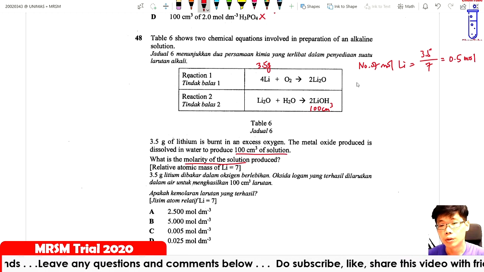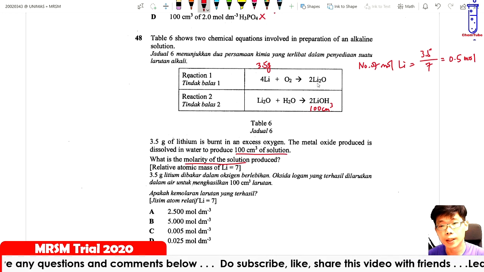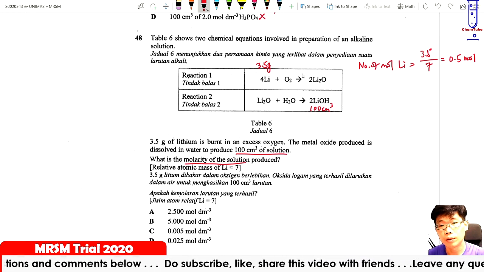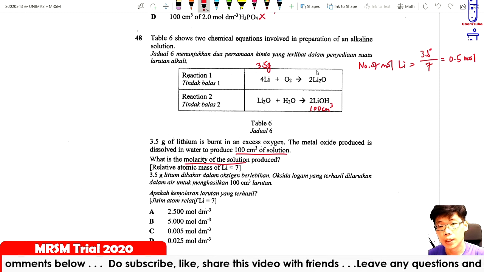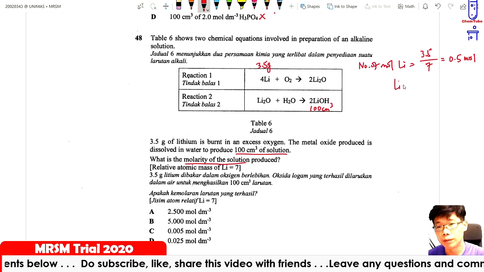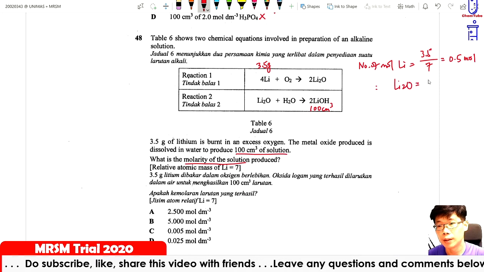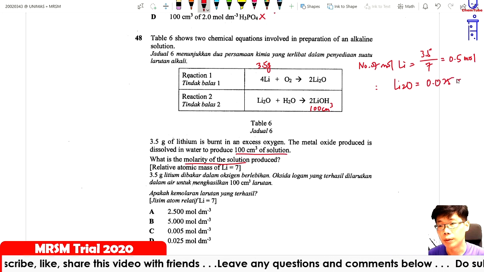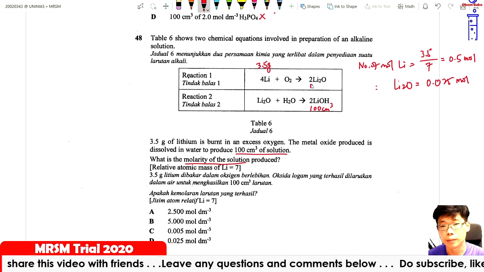Now we compare with lithium oxide. The ratio is 4 to 2, meaning half, so the mole for the lithium oxide will be half, so 0.025 mole.